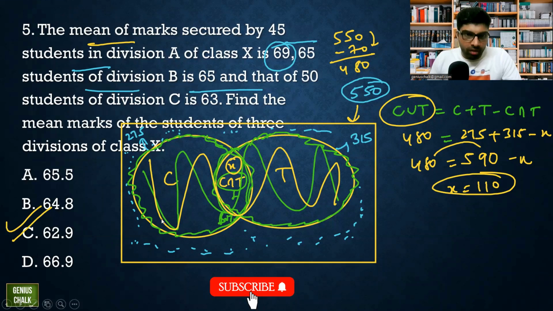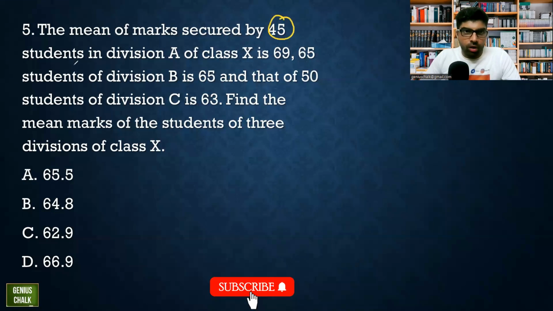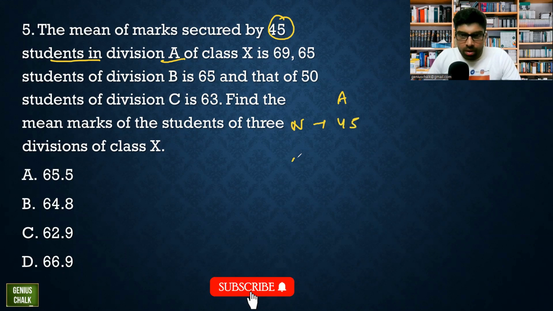Next one, combined average. The mean of marks secured by 45 students in division A. There are 3 divisions. In division A, the number of students is 45, and their average in division A of class X is 69.